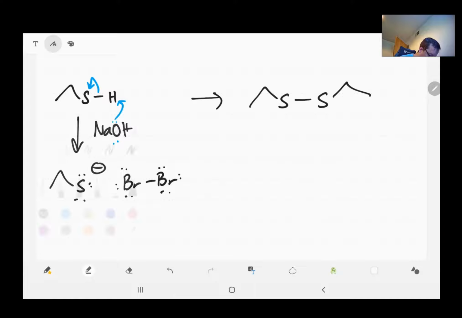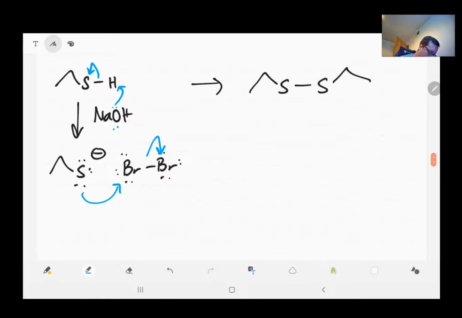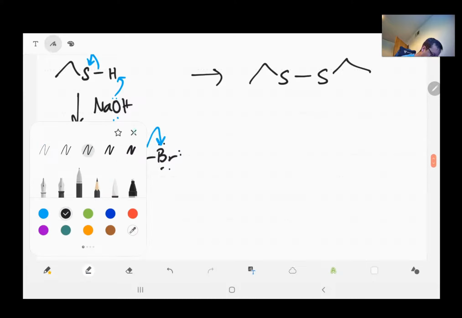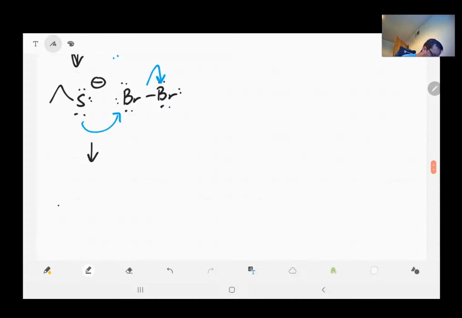These lone pairs kill me, but we must draw them. Okay. So we're going to brominate our sulfur. Now that sulfur has a leaving group on it, we lose our other bromide ion. That's going off into nowhere.